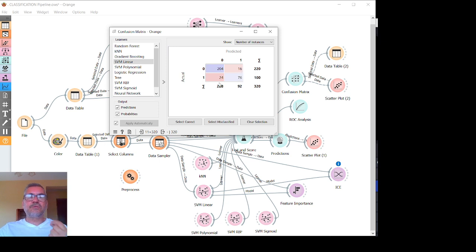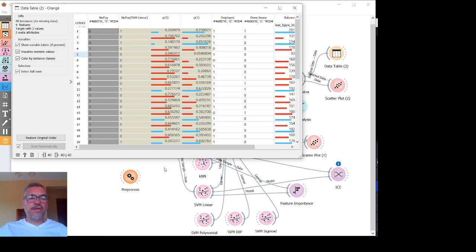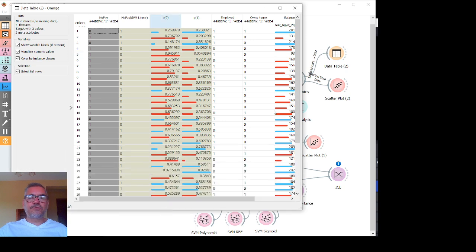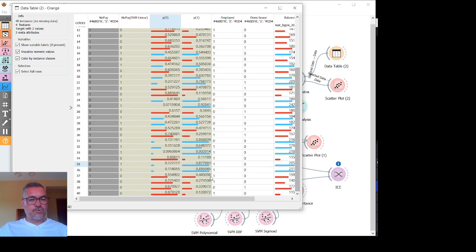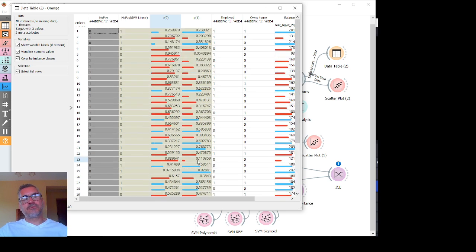So in total, there are 24 plus 16, exactly 40 misclassifications. So if I press select misclassified, this is why I have exactly 40 observations here. These are all the misclassified observations.